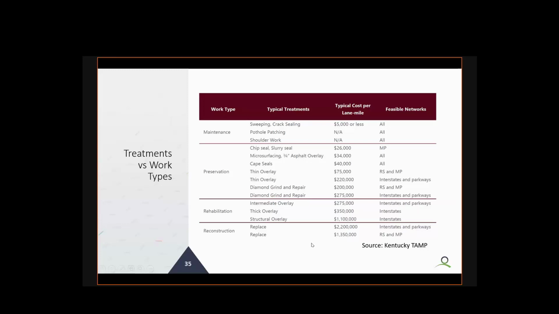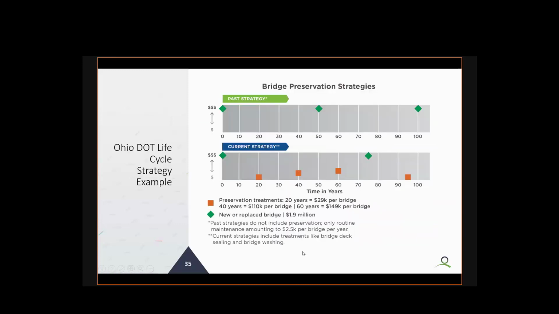As you look at it at a network level and what's best for the long-term performance of the pavement, you start to find that doing as much of this early work as we can over the long term is going to help get your system to good condition and keep it there longer. That's really embodied in the Caltrans Fix It First philosophy. This is just providing a little bit of detail to it.